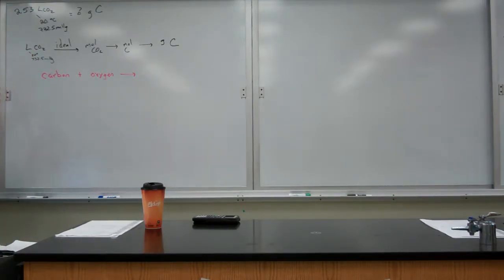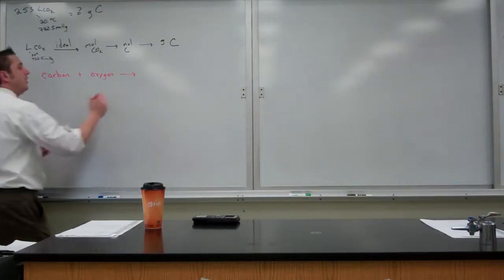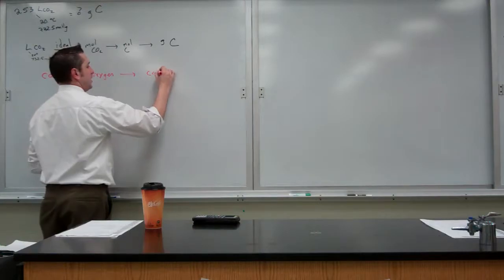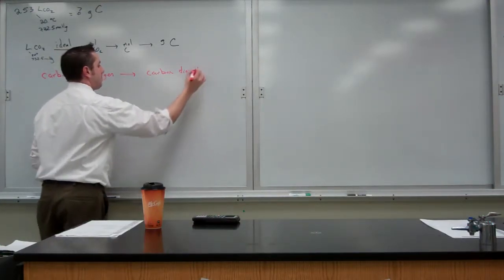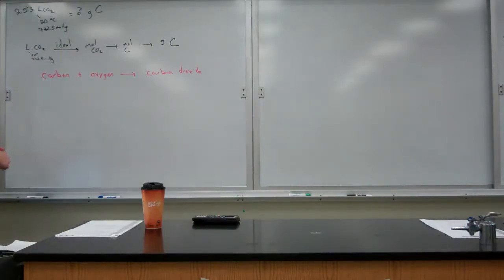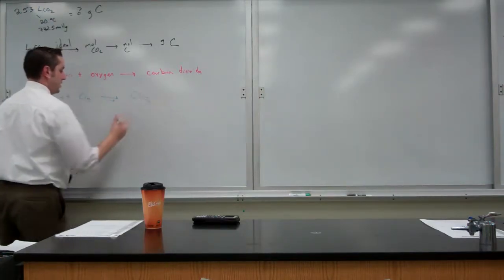Again, this looks like it could be a combustion, but it's not, because there's no hydrogen present, so we can't make water. It's a synthesis. They tell us it's making carbon dioxide. So you write and balance this down: carbon is C, oxygen, O2, carbon dioxide, CO2.